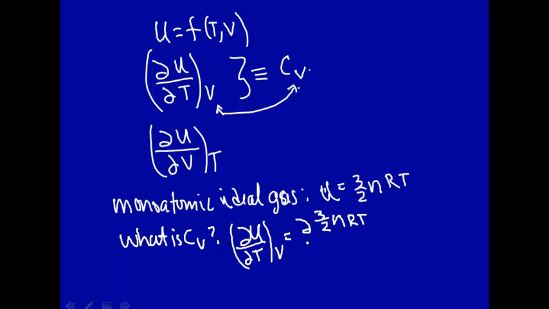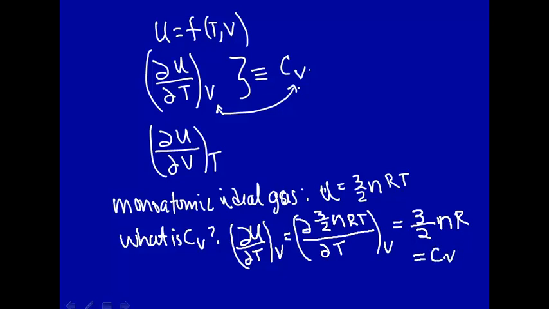Partial means it's not a total derivative, but it's partial with respect to just one variable, with respect to temperature at constant volume. Note that volume doesn't appear in here, so we don't need to really worry about that. It really doesn't have to be a constant volume. So the derivative here with respect to temperature is just 3/2 nR. So that's the heat capacity at constant volume of a monoatomic ideal gas.